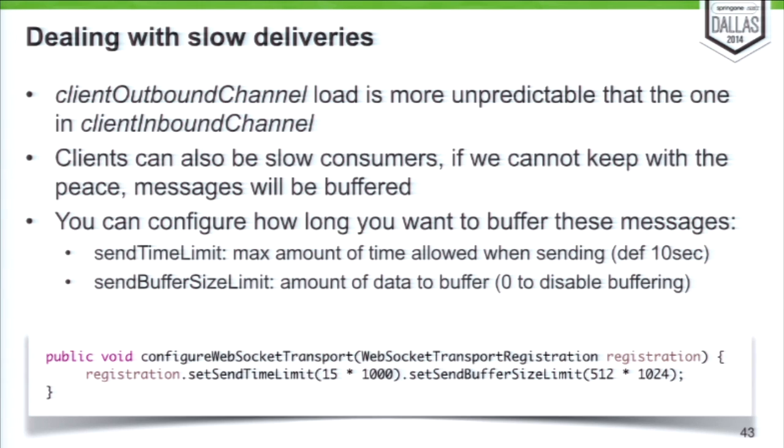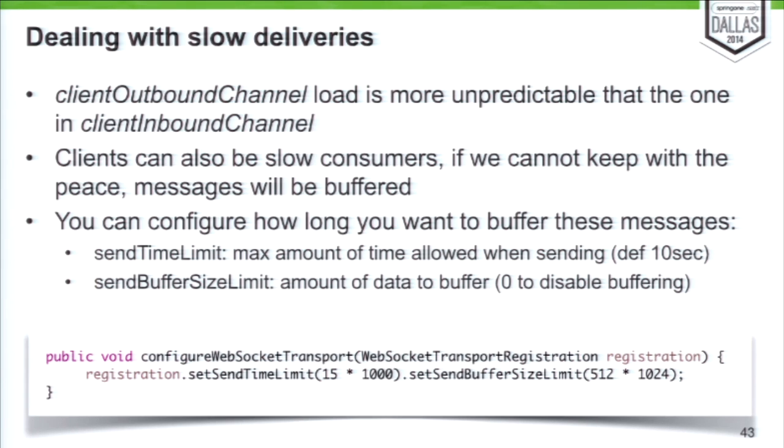The send time limit defines the maximum amount of time allowed for sending a message to the client. By default it's 10 seconds. And the buffer size limit defines the amount of data that we can buffer in the outbound channel. If you want to disable buffering, you can just use 0 as a parameter.